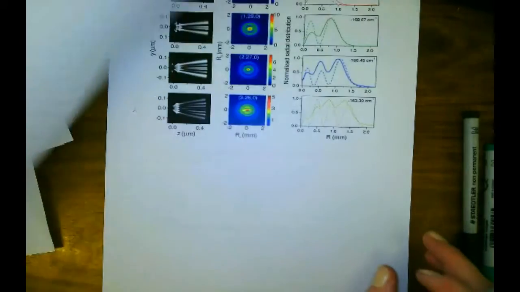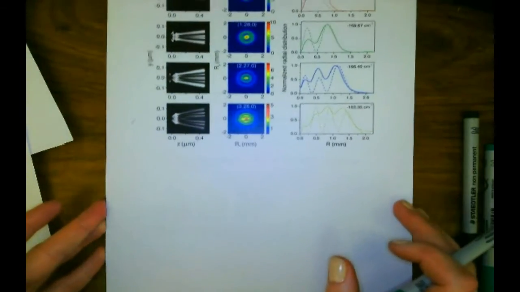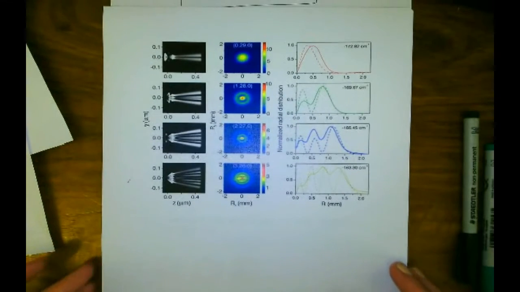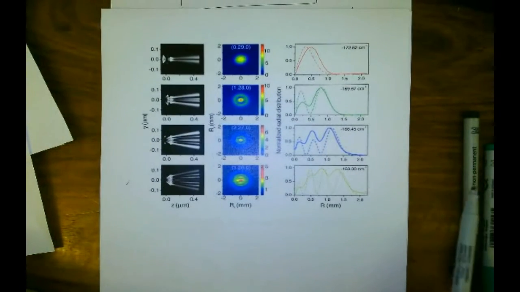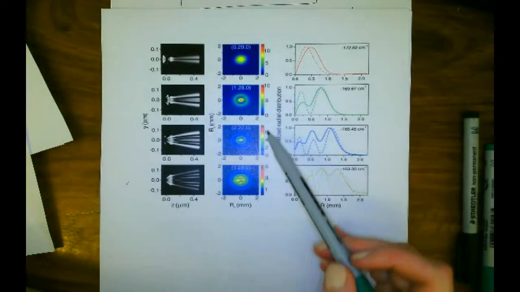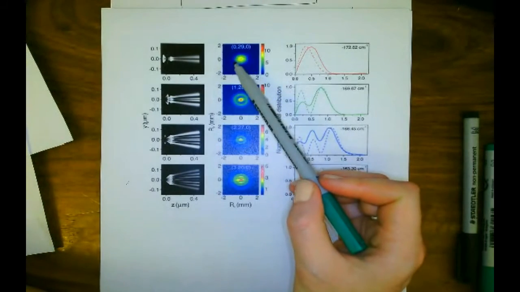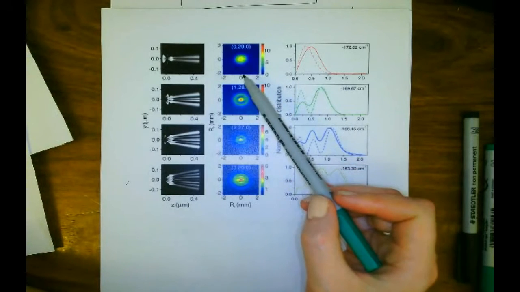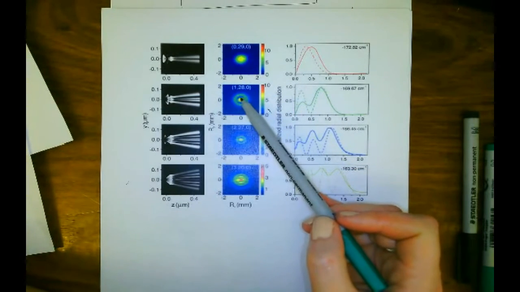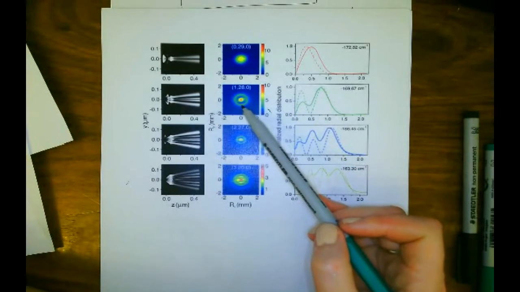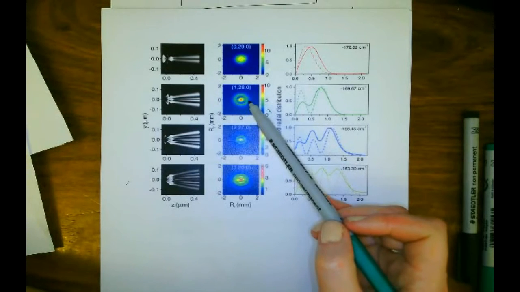Now, you can in your own time read more about this, but I just want to share with you the amazing observations that they made. And these pictures may not be very clear, but what they were actually able to see is in the different excited states, you can see the nodes appearing.